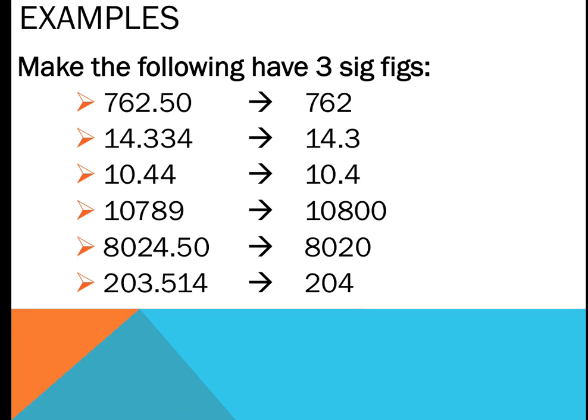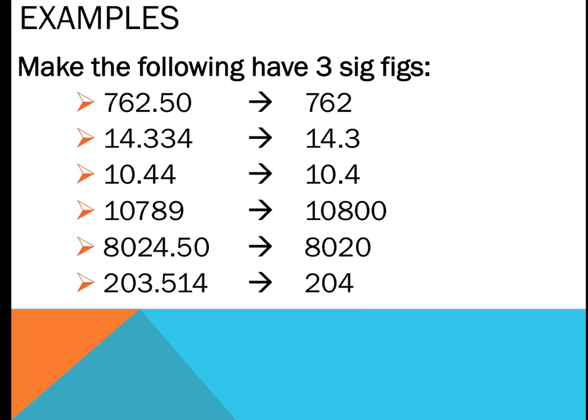The 3 is our target. After it is a 3, so it stays the same, so 14.3. We have the value of 10.44. We do have a 0 in there, it's embedded, so we're starting from left to right. We have 10.4, and following the 4 is another 4, so it doesn't cause us to round, so 10.4.